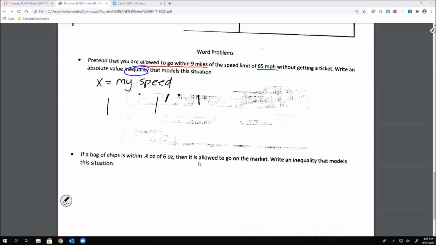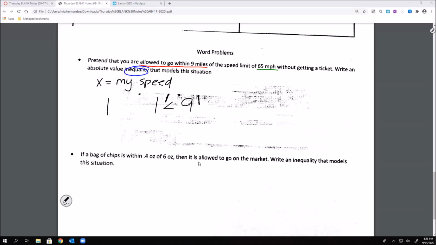Let's go ahead and read our question again. So it says within 9 miles. So I can't go over 9 miles. I'm not saying the most I can go is 9 miles. I'm not saying that the least I can go is 9 miles. The most I can go is 9 miles. I can't go more than that. I can possibly go less than that, right? So I'm going to use my less than, and then my 9 miles goes on the outside.